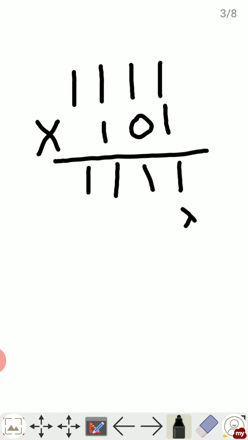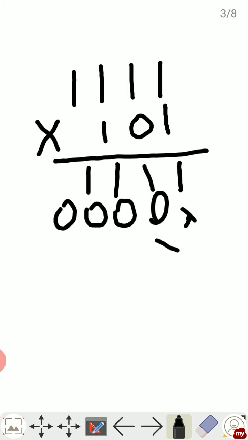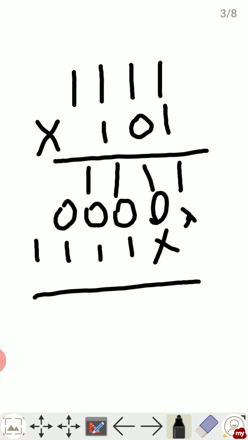Now the next digit is 0, so all will be 0. So 0 0 0, and here also 0. Now again 1, so 1 ones are 1, 1 ones are 1, 1 ones are 1, again 1 ones are 1. Now let's add all the digits.